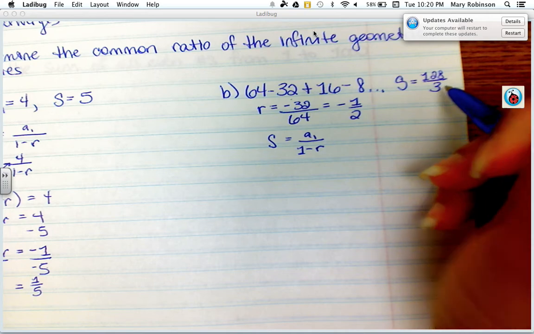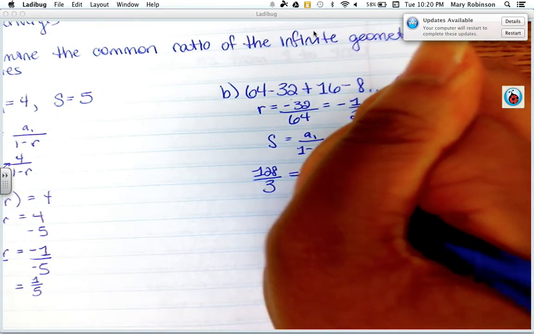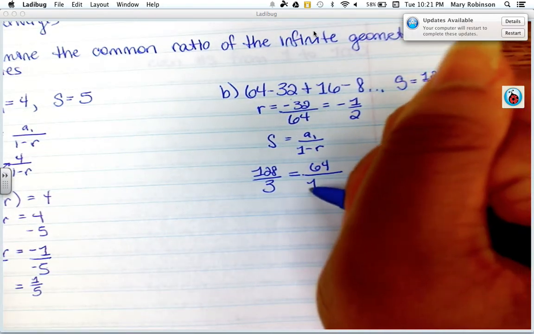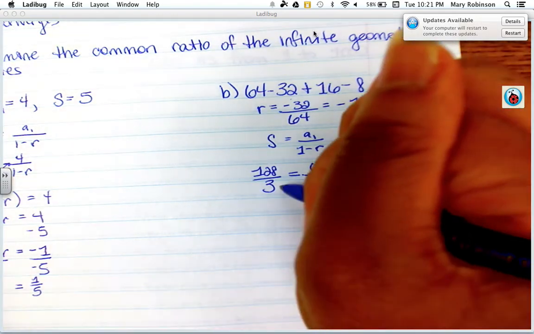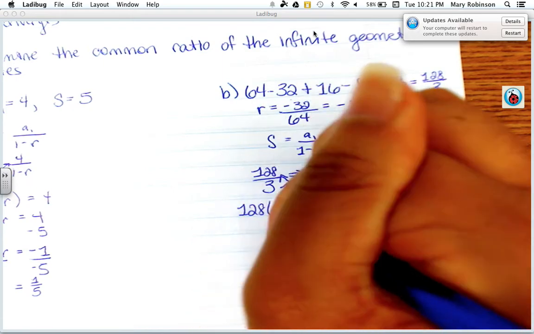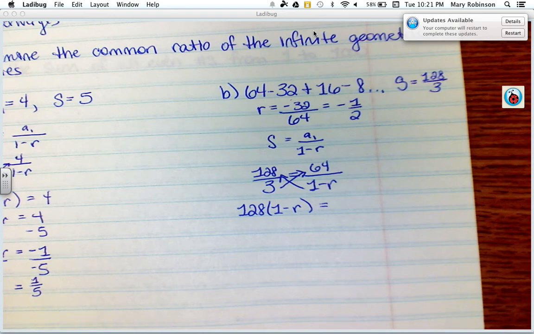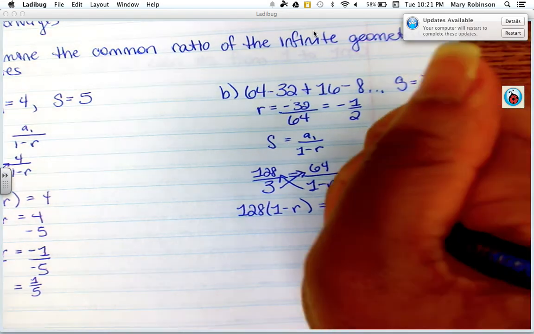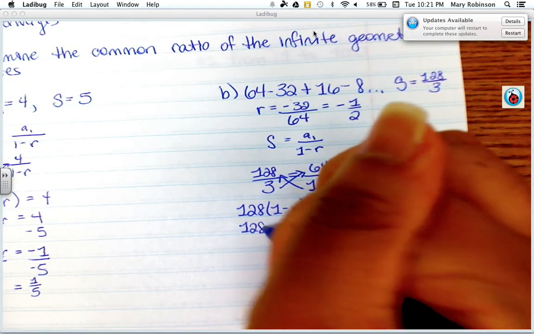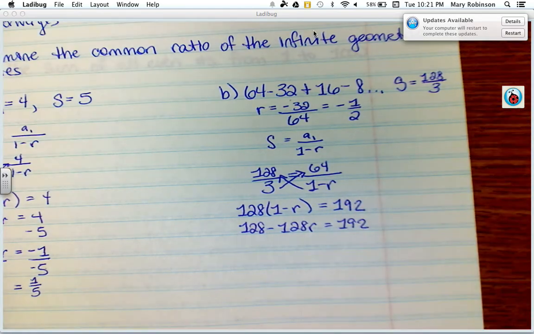So s is 128 over 3. So 128 over 3 equals 64. So a sub 1 is 64 over 1 minus r. So then we're going to cross multiply. So 128 times the quantity 1 minus r equals 3 times 64. 3 times 64 is 192. So we're going to get 128 minus 128r equals 192.